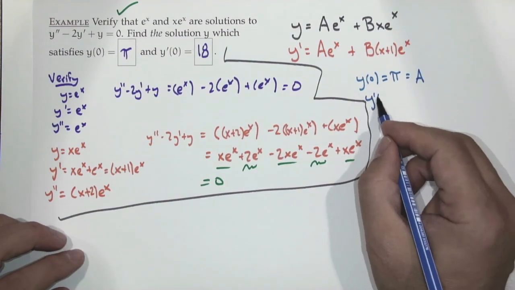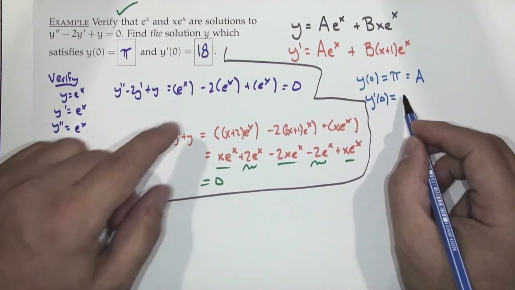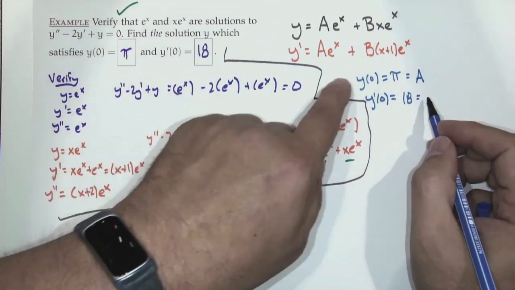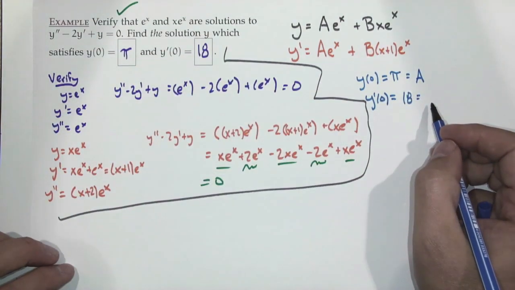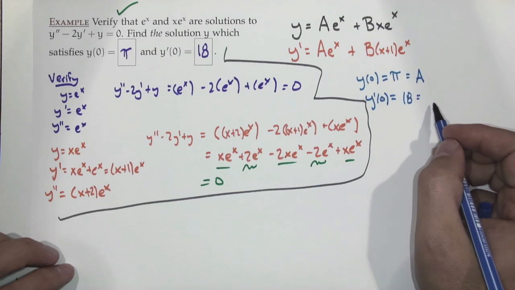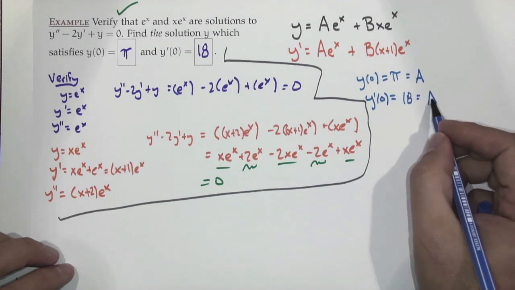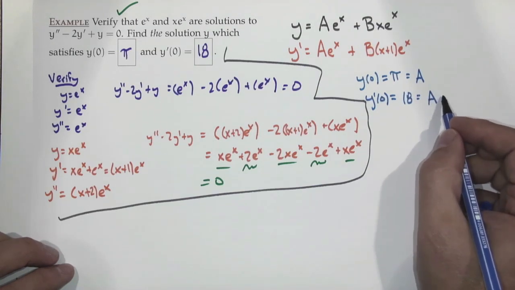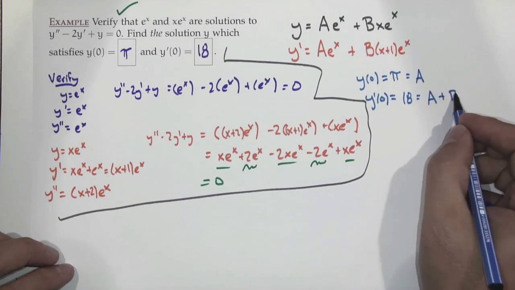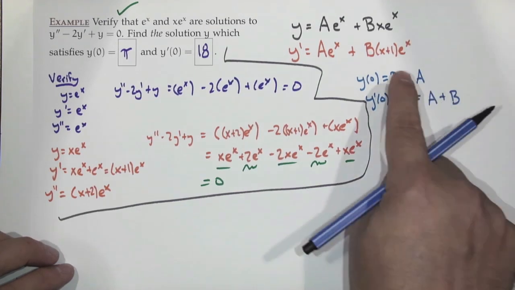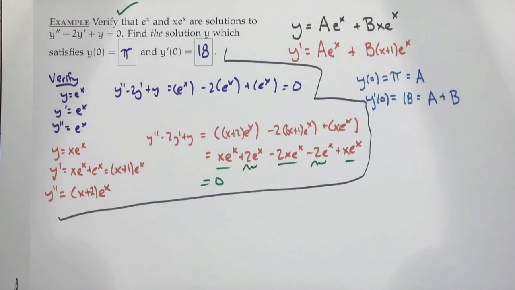What about y prime of 0? Well, that should be 18. What is it equal to here? a plus b. Right? Because you plug in 0, 0 plus 1 is 1 times e to 0.